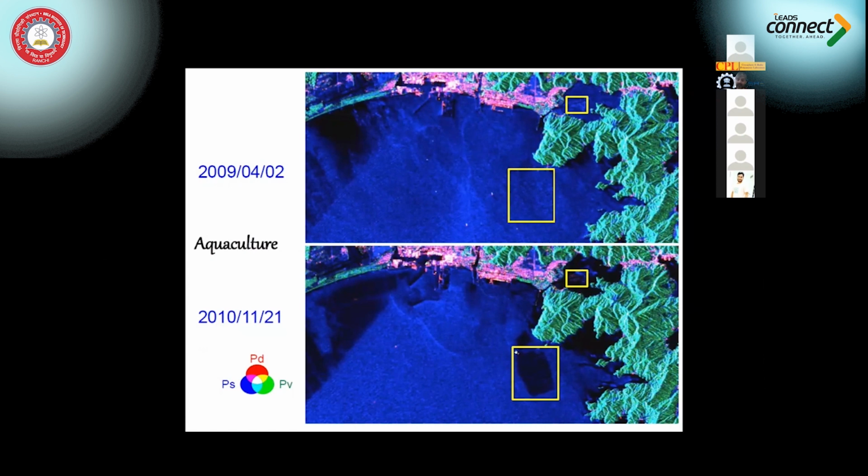Why is it happening? When you put the structure, there are ocean waves hitting those structures, and it is a little bit calm compared to the surrounding area, and it will show a very smooth surface comparatively. And when it leaves this structure area, again it will mix with the high wave area, and this particular structure area will show specular reflection kind of phenomena, and you can easily identify where the aquaculture sites are.